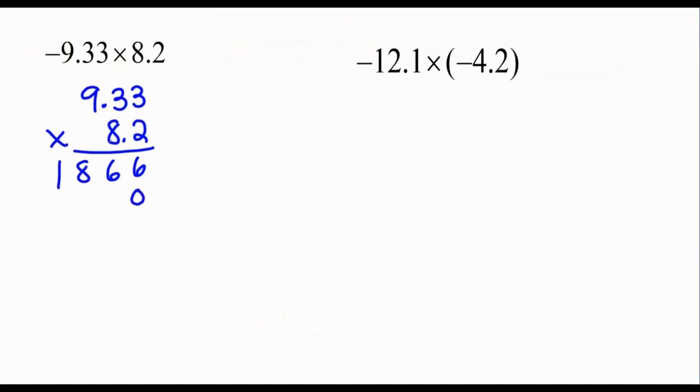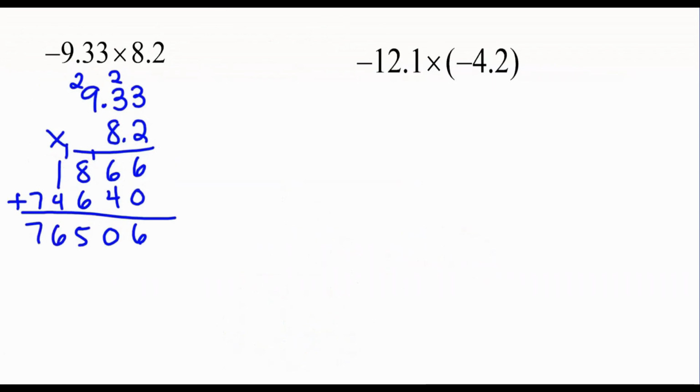Add a 0. 8 times 3 is 24, carry the 2. 8 times 3 is 24, plus 2 is 26, carry the 2. And 8 times 9 is 72, plus 2 is 74. Add these together, 6, 10, 15, 6, 7.